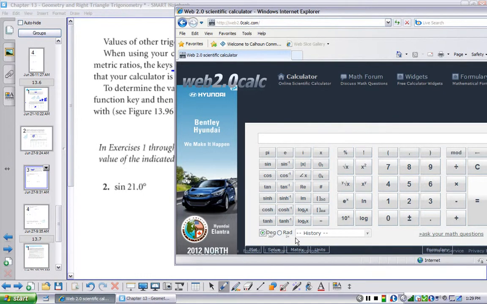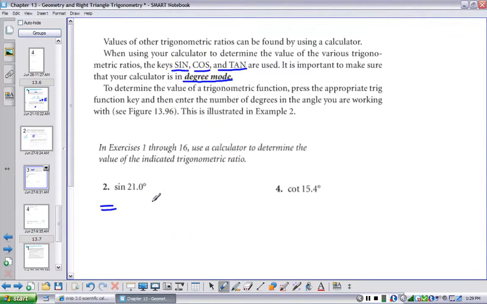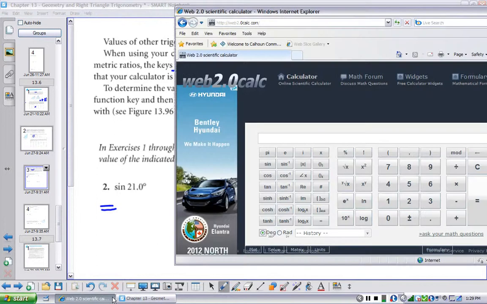So in exercise number 2 over here, it says to find sine of 21.0 degrees. Here they don't give us a particular value that we have to round to, but I think we're going to round to 4 decimal places. So what I do, and you need to know the key sequence for your calculator, I'm going to hit sine, and then I'm going to do 21.0, and I'm going to close that parentheses.